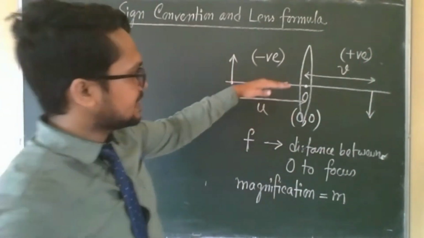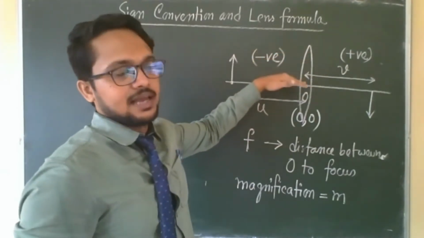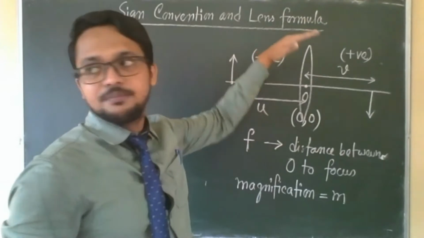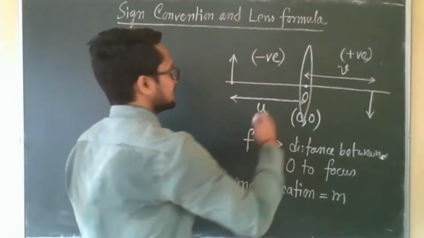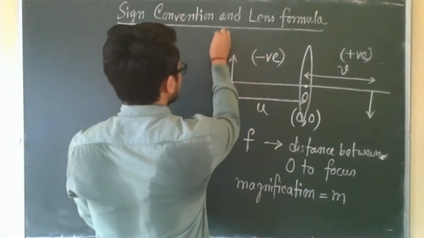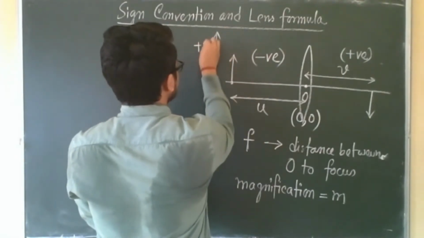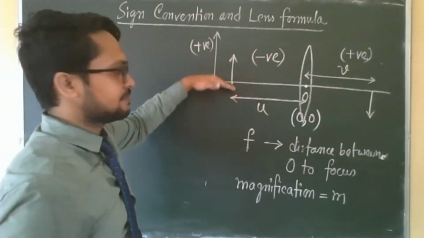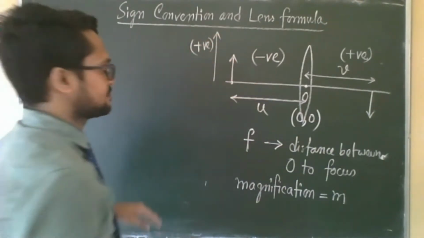Now all the quantities above the optical center, above the principal axis, are taken as positive. Above means positive.